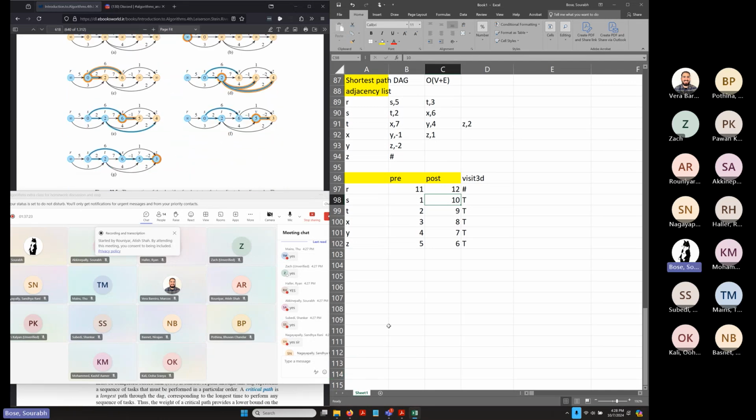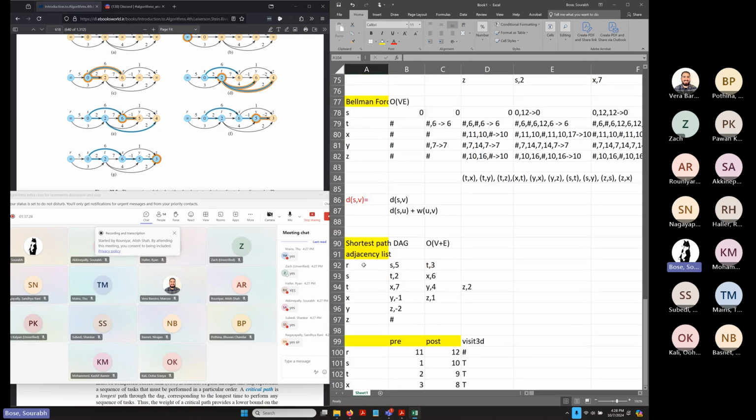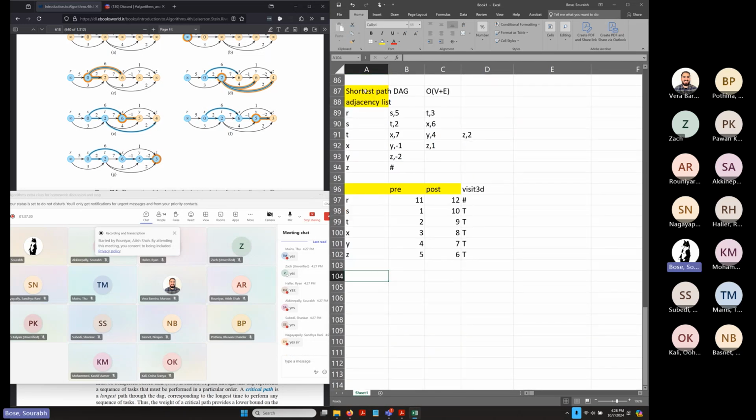Okay. So we are going to create our value matrix like before. So this will be shortest path DAG. R, S, T, X, Y, Z. Do you see the prediction of this thing is so good?